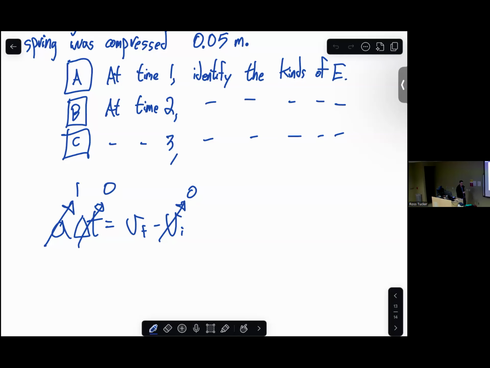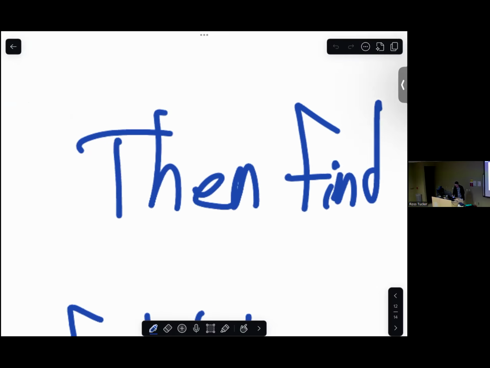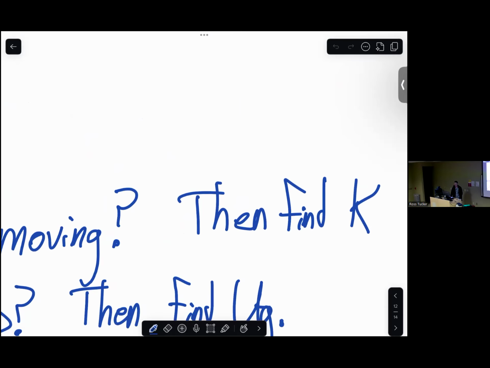Okay, based on the reasoning that you are not moving, the one and only term that involves motion is kinetic energy. You can deduce if you are at rest, your kinetic energy is 0. Again, I refer you to my previous slide where I said, is it moving? Kinetic.